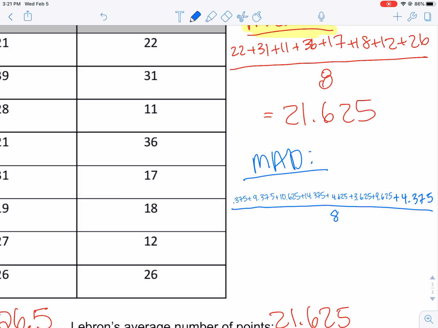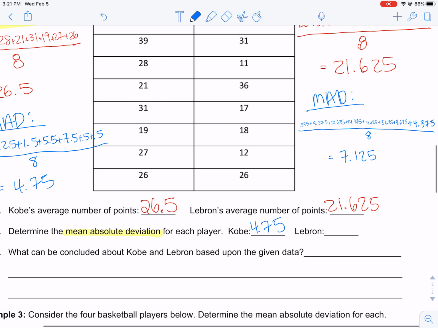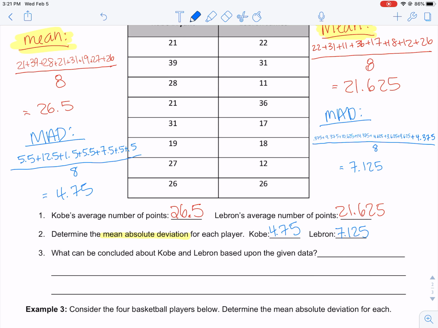All right, we got all those numbers. Now, if you plug all of them into your calculators, that should give you a MAD of 7.125. So also practice plugging in the numbers correctly into your calculators. All right, so that should have given you 7.125 for LeBron. And now we can make a conclusion.